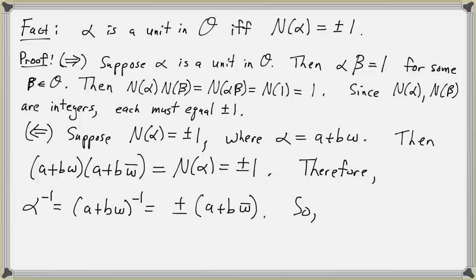So we see that alpha is a unit in O. Therefore, alpha is a unit in the ring O if and only if the norm of alpha is plus or minus 1. So now this gives us a concrete way to find units in a quadratic integer ring.